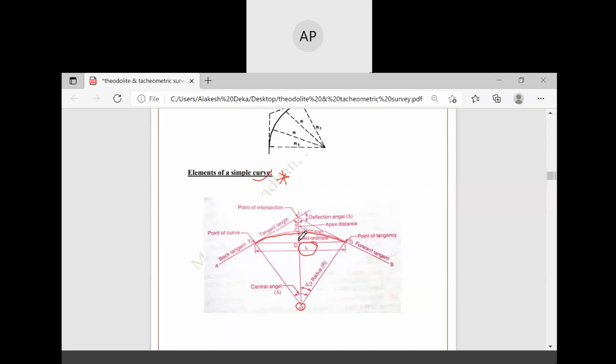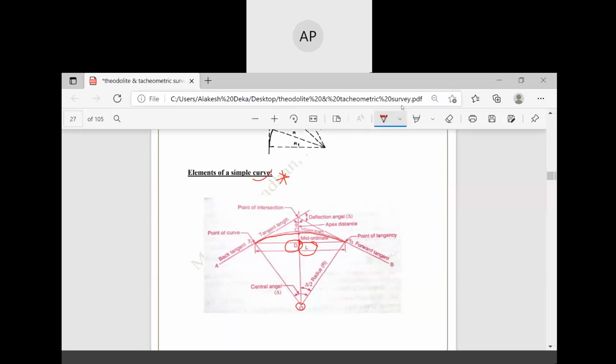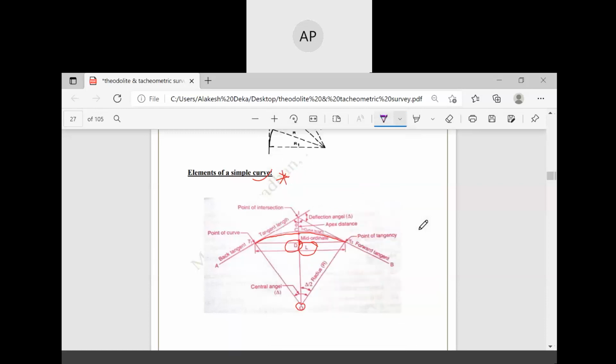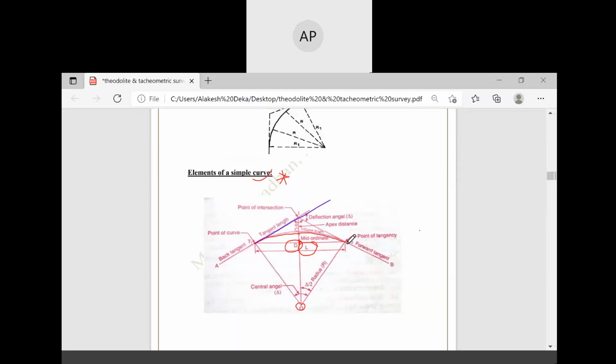D is the middle of the curve, with mid ordinate. This is the tangent, and this is another tangent, T2. They meet at one point, which is called the point of intersection.